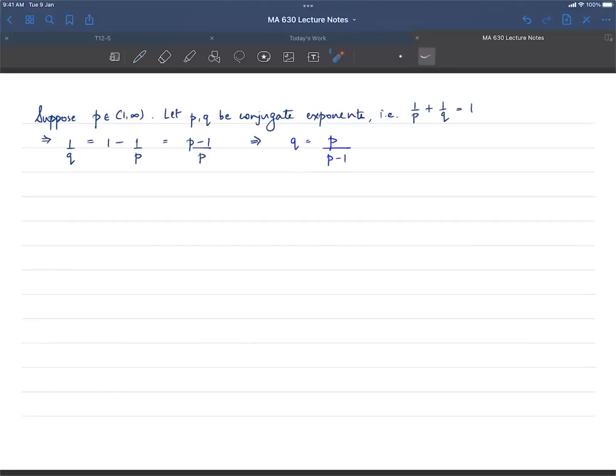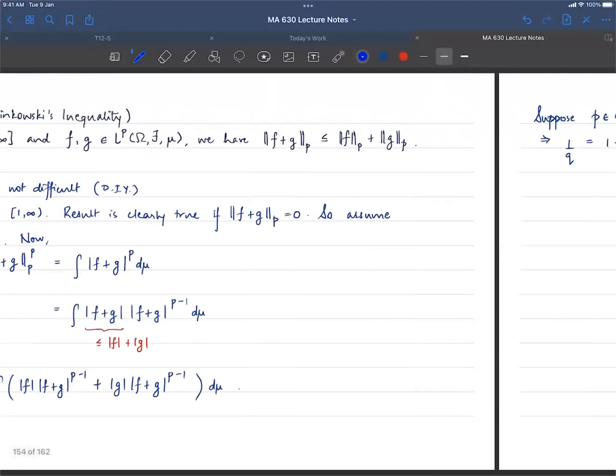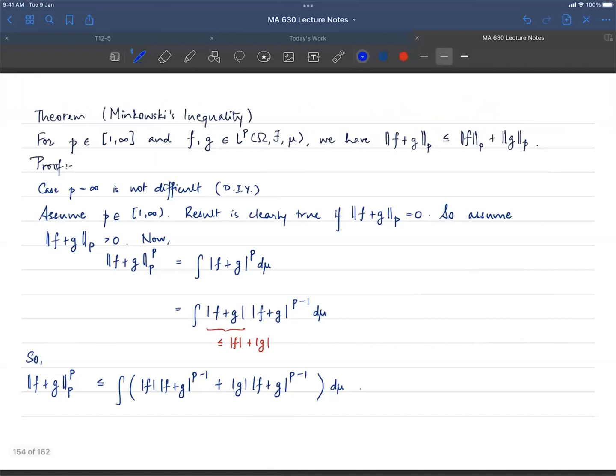All right. Okay. So now I claim the following. This guy, absolute value of F, is an LP. We already know that. I claim that this guy is an LQ. Similarly, this absolute value of G is an LP already. I claim that this same guy is an LQ.